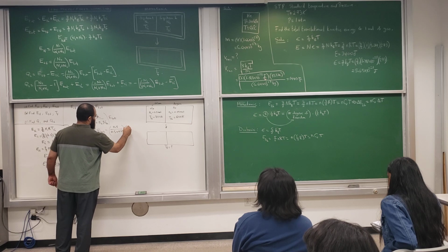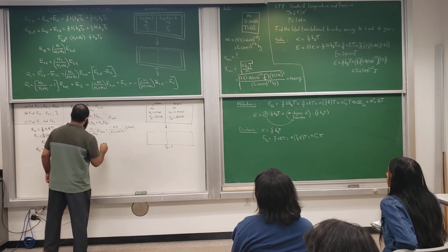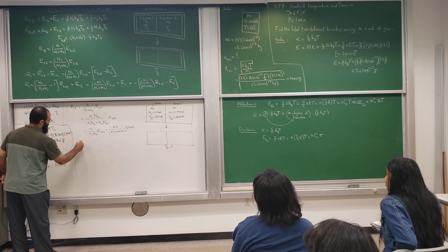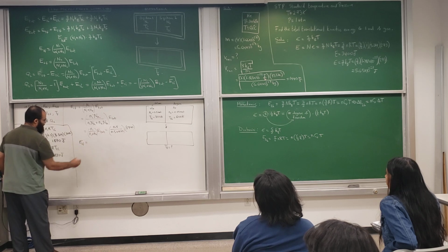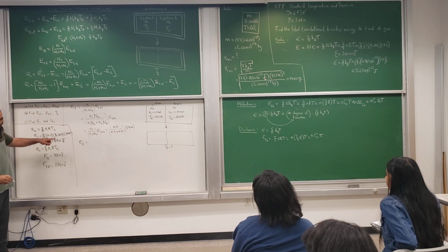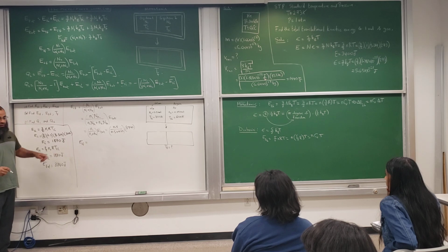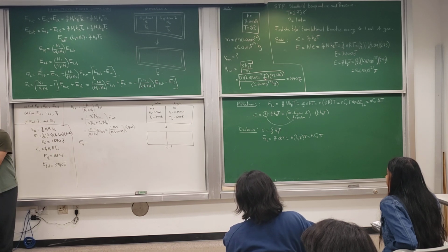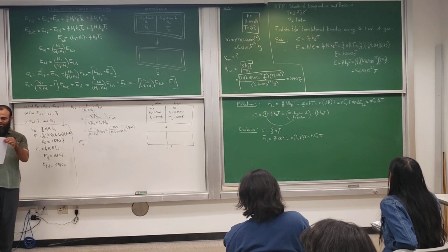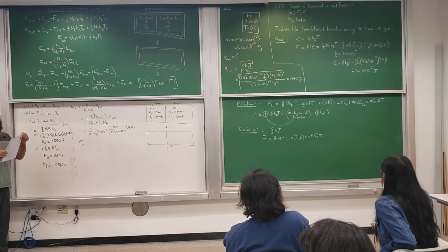The total energy we said is 3740. So let's get E1 final. We need to multiply that. Give you a moment. You tell me what you get.